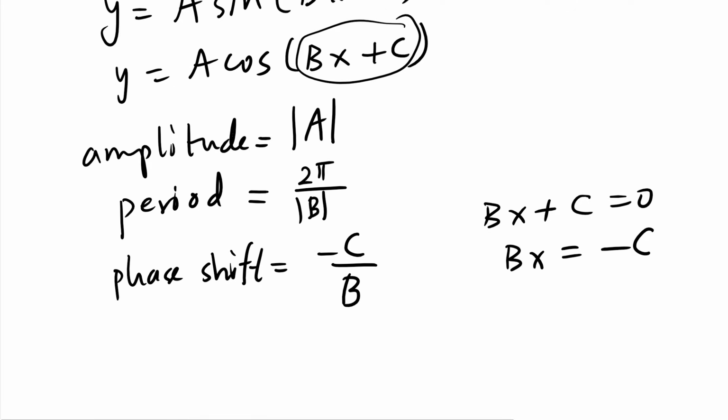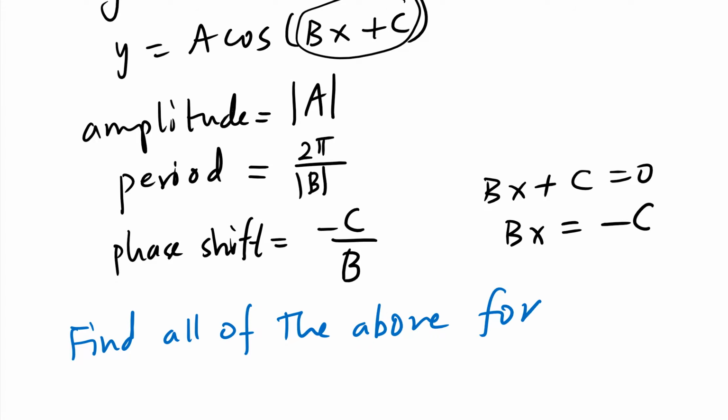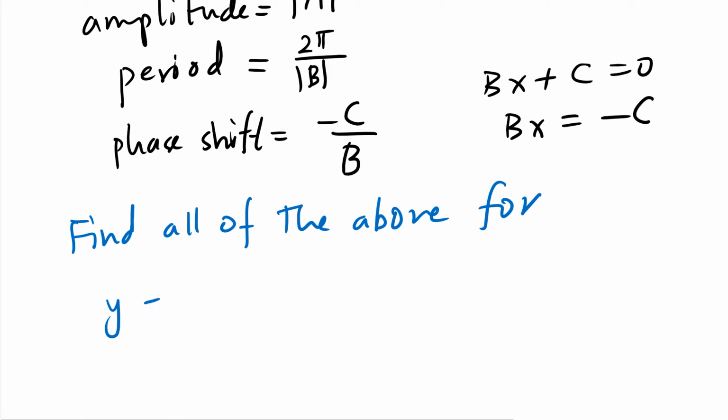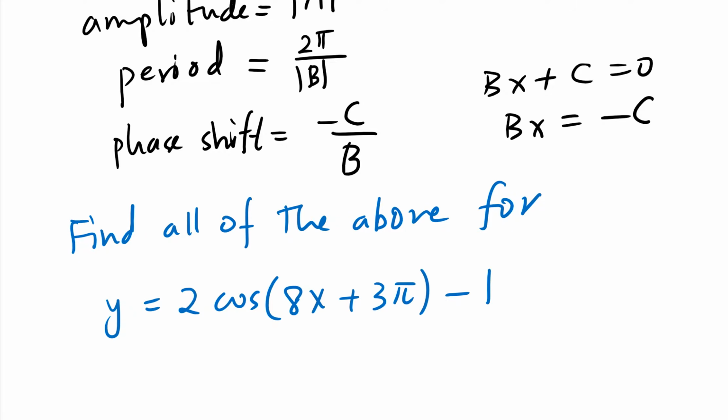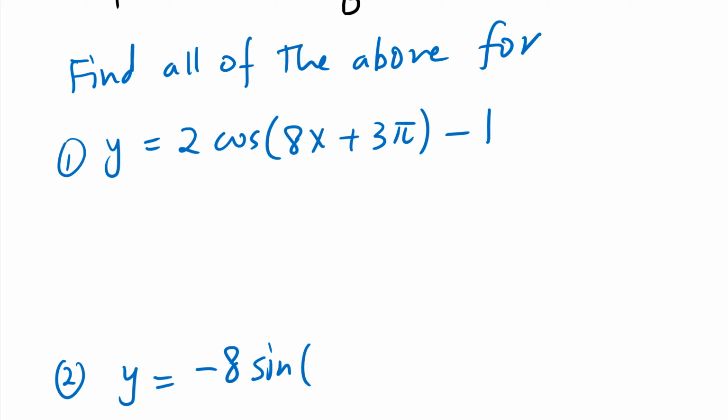So if we ask you find all of the above, for y equals 2 cosine 8x plus 3 pi minus 1. Y equals negative 8 sine 2x minus pi over 4 plus 8.